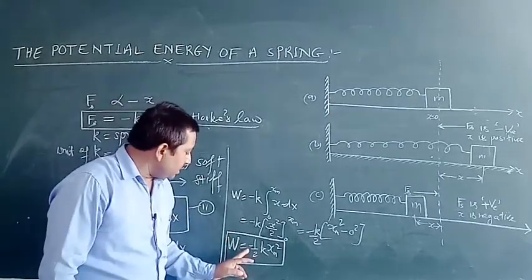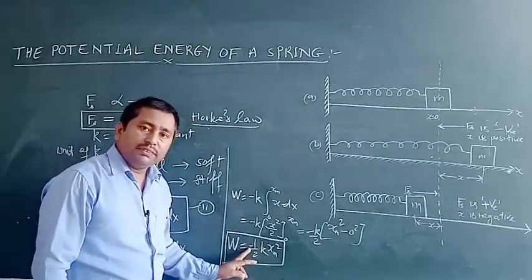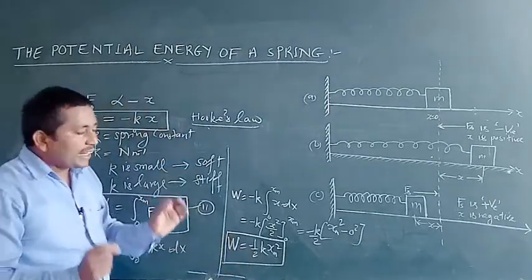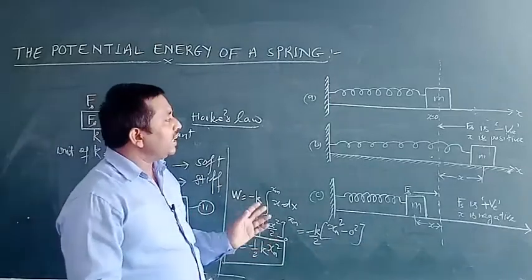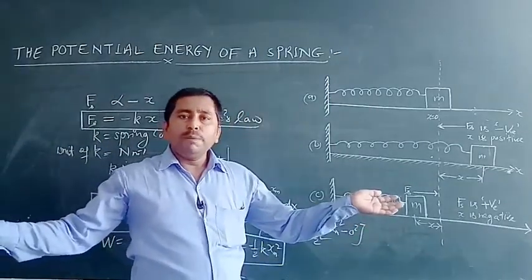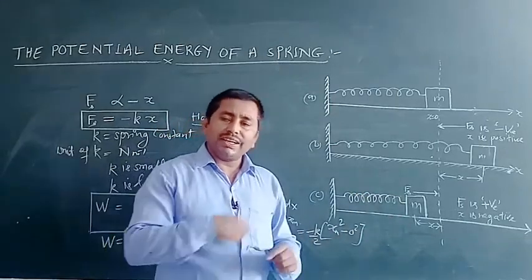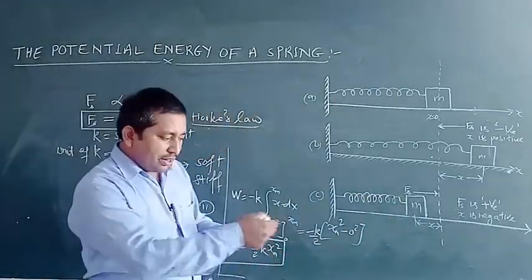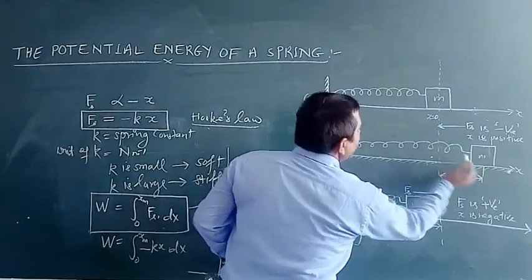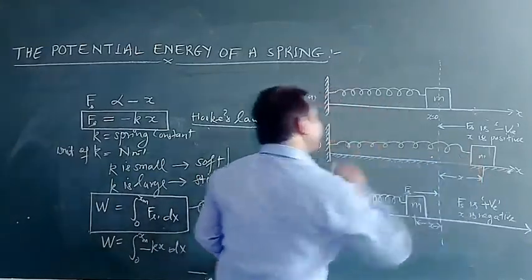Here the negative sign in the work done is obtained because the direction of the displacement and the force are always opposite to each other. It means the angle between the force, that is spring force, and the displacement is 180 degrees.